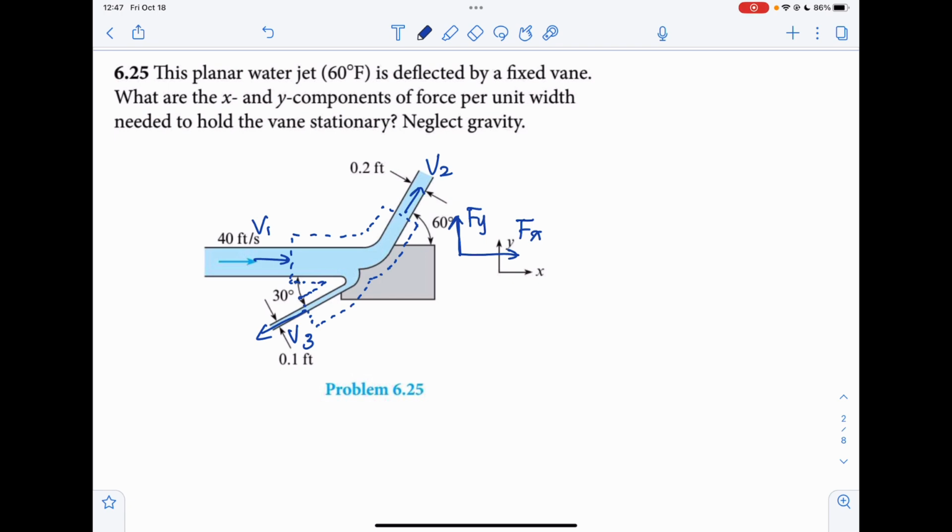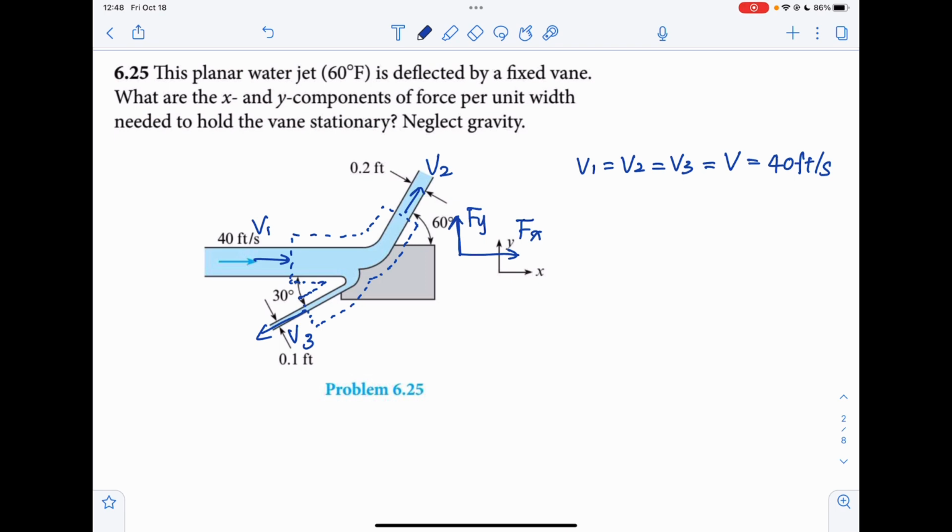As the picture shows, we have a control volume, and we will have V1 coming into the control volume, and V2 and V3 leaving from it. Because it's a free jet, V1 actually equals V2 equals V3 equals V, which is 40 feet per second.